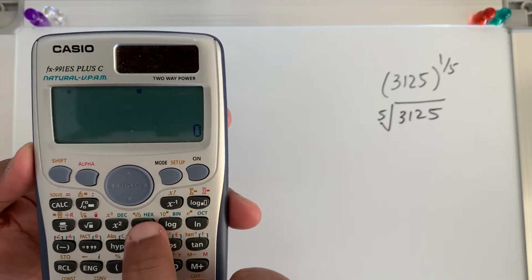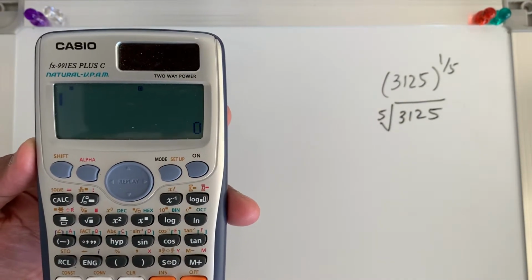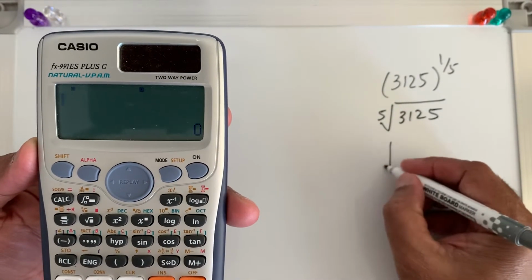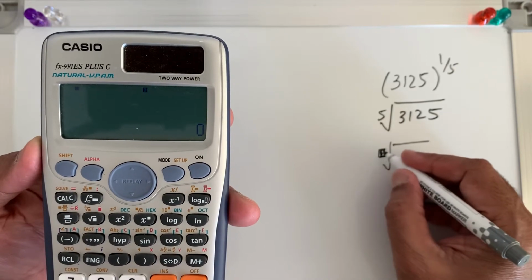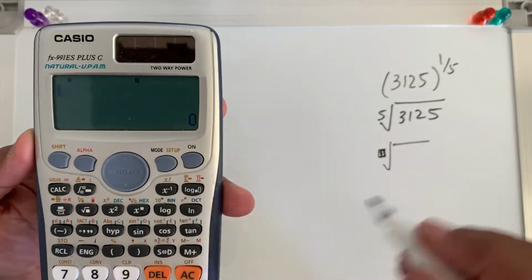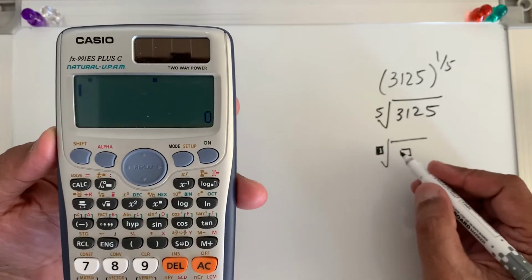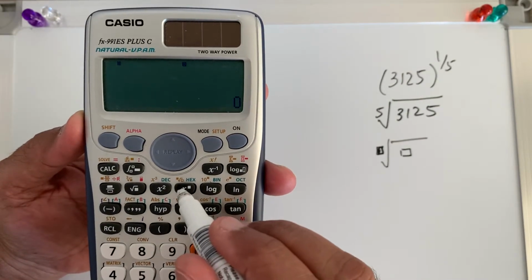But on top of this, you have another button in red, which is a square and a hollow square, so any number. We will learn today how to use this button.